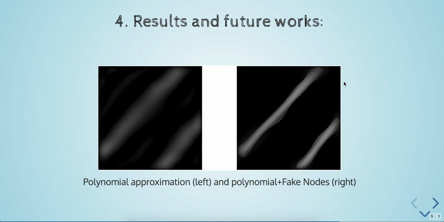Let me show some results. On the left we have the polynomial approximation, which is kind of blurry, and the polynomial plus fake nodes approximation. As you see, our segmentation gives us the possibility to better reconstruct the difference between the stripes and the fundus.